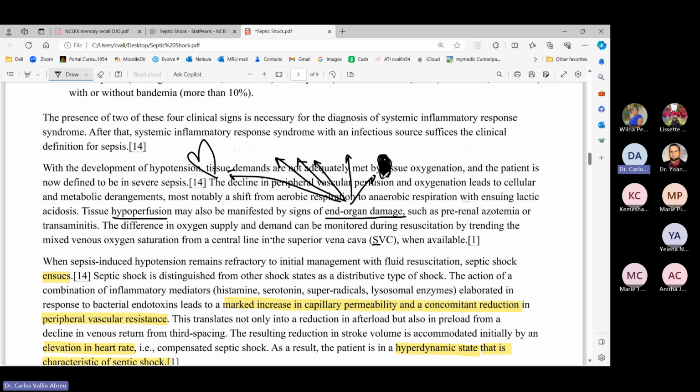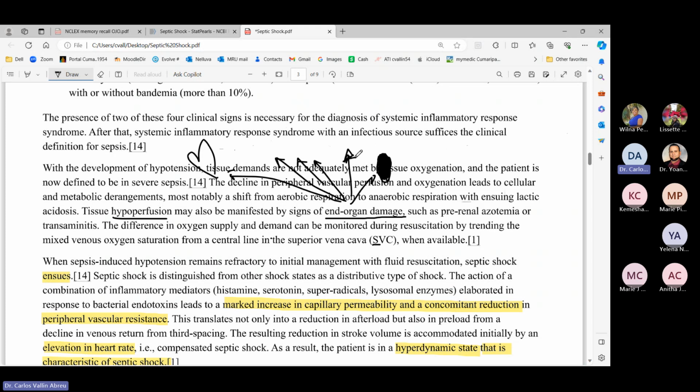The kidneys. When I teach that, I always say that the kidneys commit suicide when they see that there is a shock. So generally the organs that are the most susceptible to being damaged by septic shock or any shock are the kidneys.